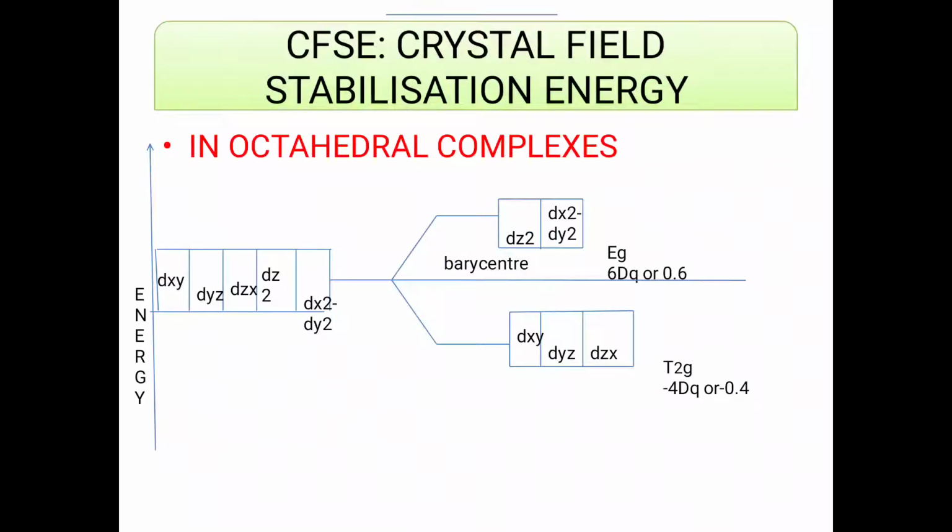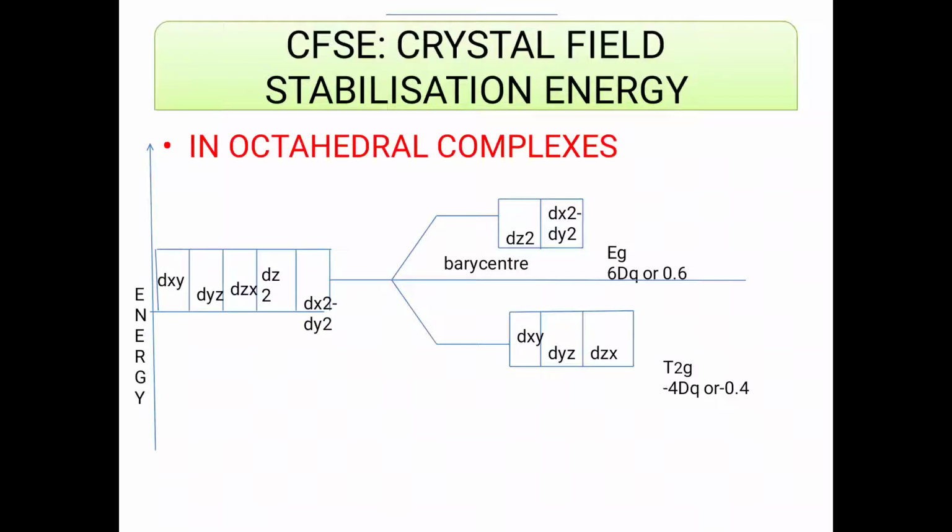First we need to know the splitting pattern of octahedral complexes. Basically, you have 5 d orbitals in an octahedral complex: dxy, dyz, dzx, dz square, dx square minus y square.